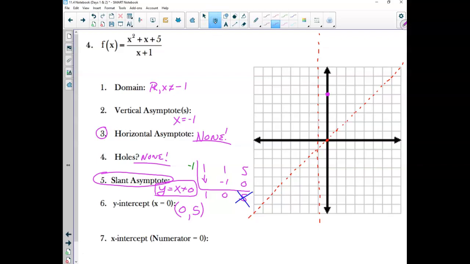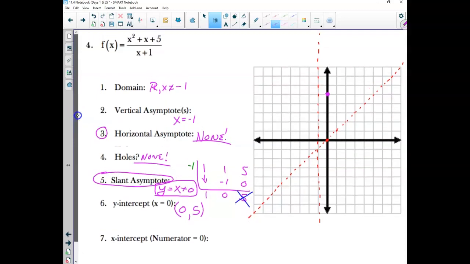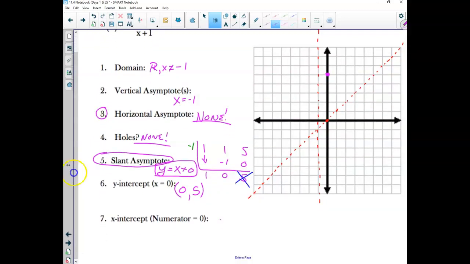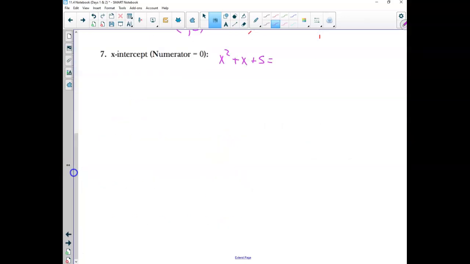And then my x-intercepts. That's when the numerator equals 0. Well, my numerator didn't factor, but my x squared plus x plus 5 still does have the capability of equaling 0.